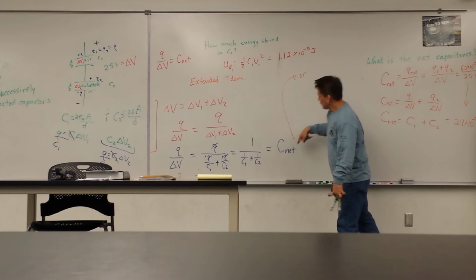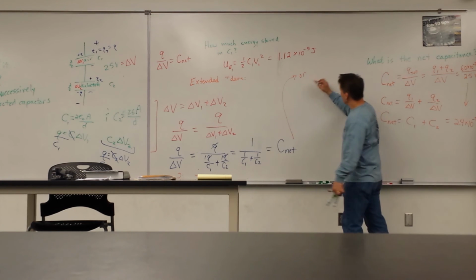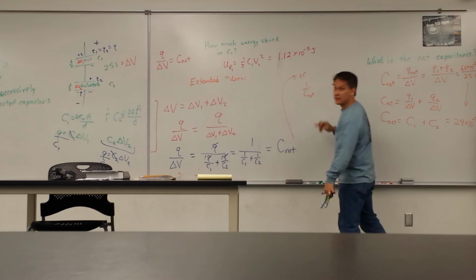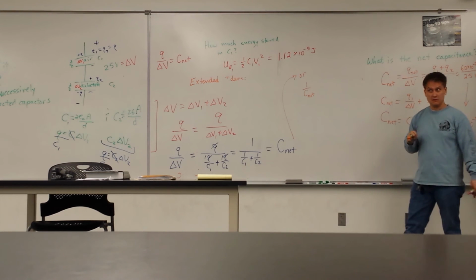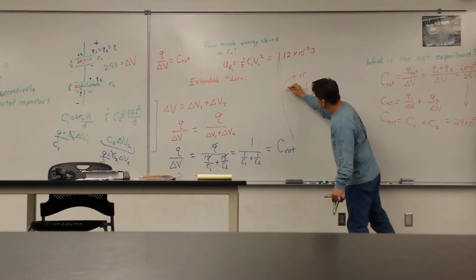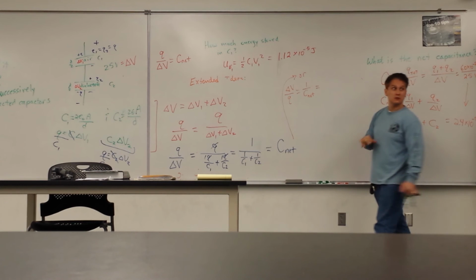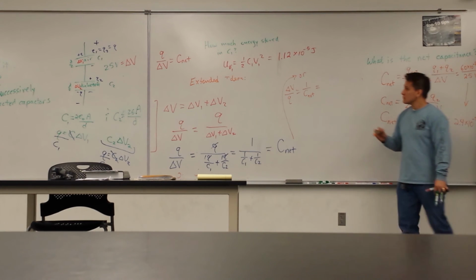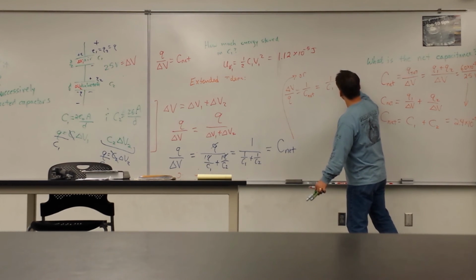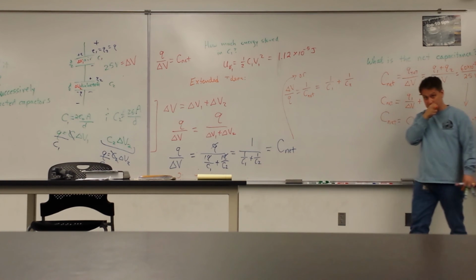But if we divide both sides into one, then what we're left with is the inverse of the net capacitance, which, by the way, is voltage divided by the total charge, equal to the combination of the first capacitor, inverse, when added to the inverse of the second capacitor.